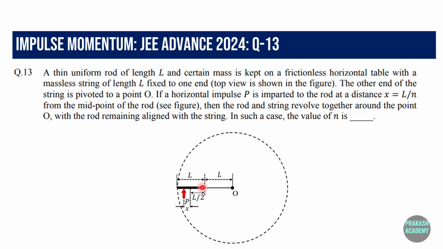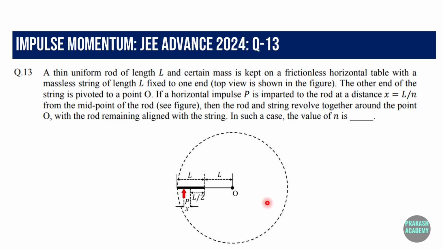This means this line, after a certain time, will come here, and here, and here. So the whole thing will move as if both are intact to each other. There is nothing like slack of the string. So we have to find the value of N so that this kind of situation will occur.